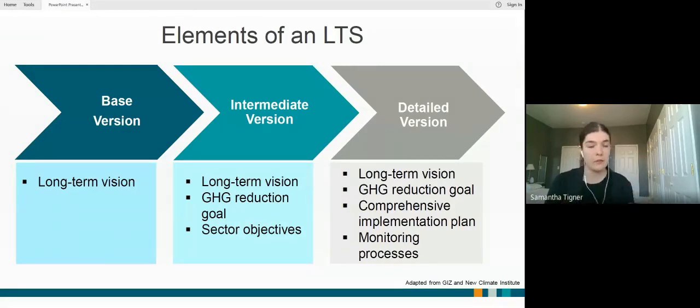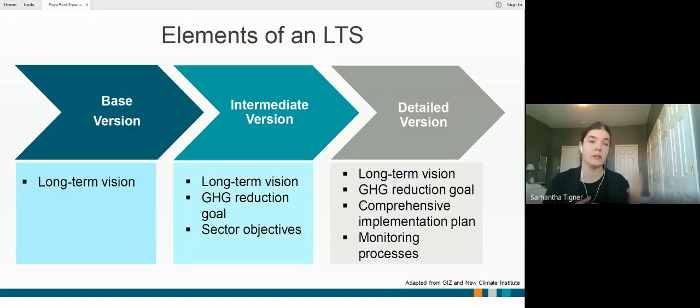And then perhaps from there, priorities shift or resources change, and you're able to iterate and create this intermediate version. And perhaps that builds upon that long-term vision you've initially set out, but starts to incorporate some of these very concrete specific objectives like greenhouse gas reduction goals, or those sector objectives I mentioned before, for example. And then perhaps yet again, things shift once more and you're able to put together a very ambitious and very comprehensive LTS.